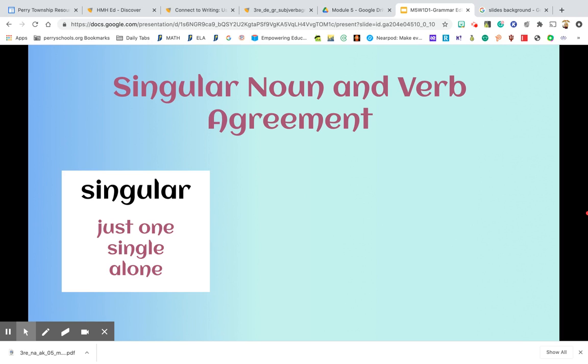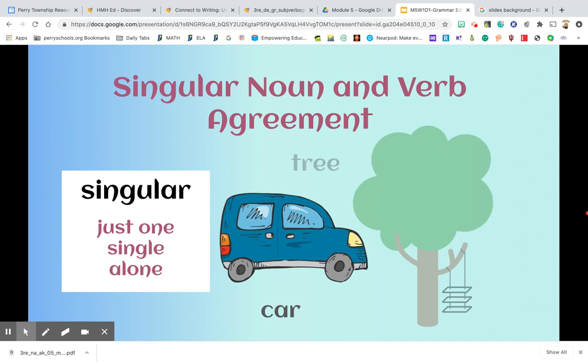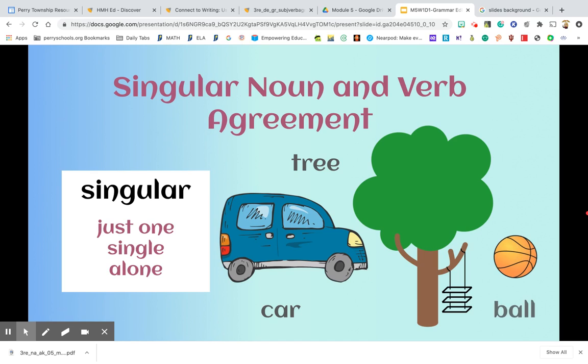When we are talking about subject and verb agreement, we are looking at singular verbs and singular nouns. When I say singular, I mean just one, a single, or alone. Some examples of singular nouns are car, tree, or ball.